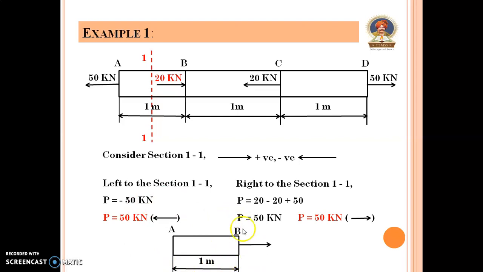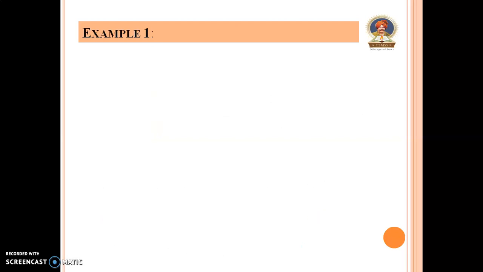So in right hand side the force is moved towards right side here, and the value of that force is 50 kilonewton, and in left hand side, here the force is moved towards left side and the value is 50 kilonewton. Here the tensile type of force is acting on body, therefore P is equal to 50 kilonewton.